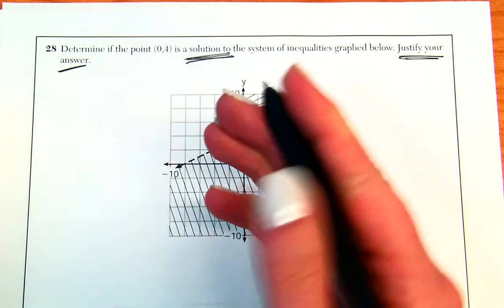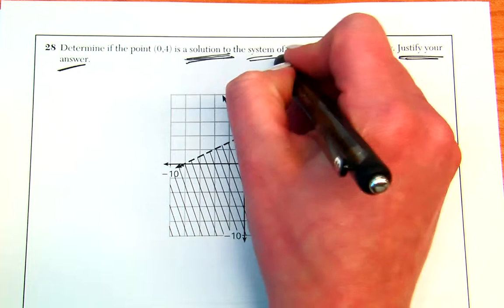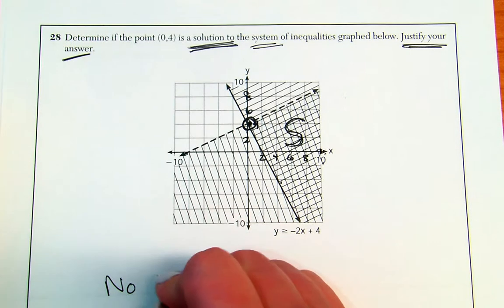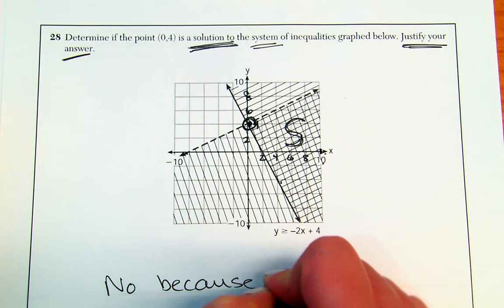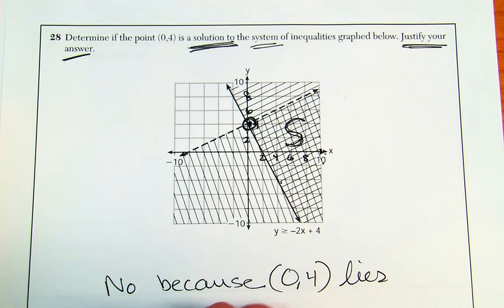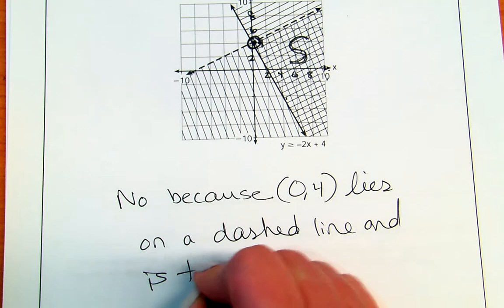So therefore, since it's not a solution to 1, it's not a solution to the system. So your answer written out might be no, because (0, 4) lies on a dashed line and is therefore not a solution.